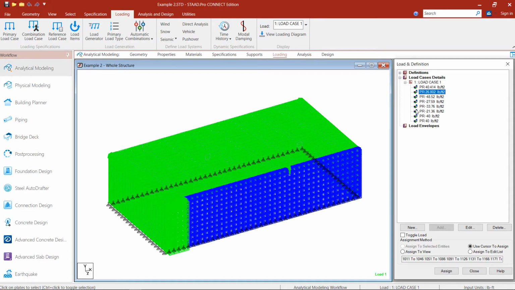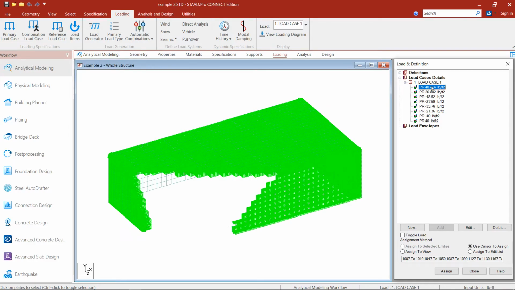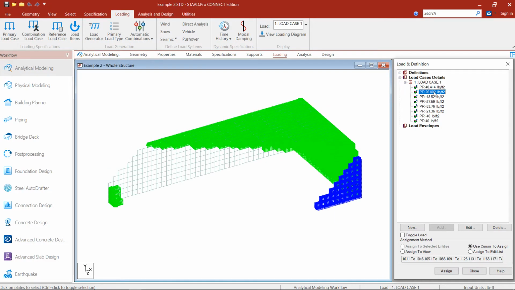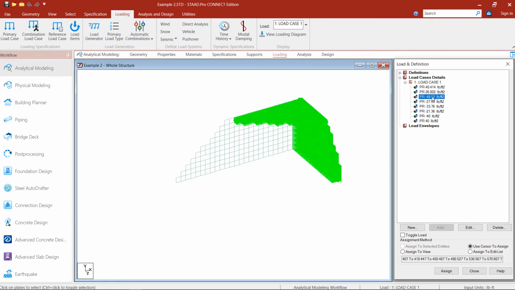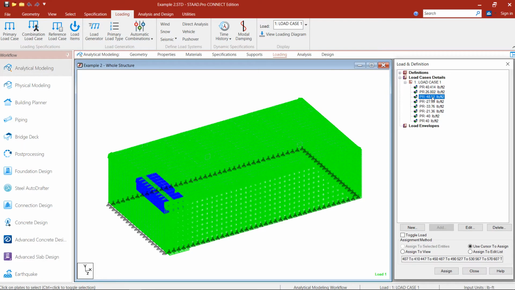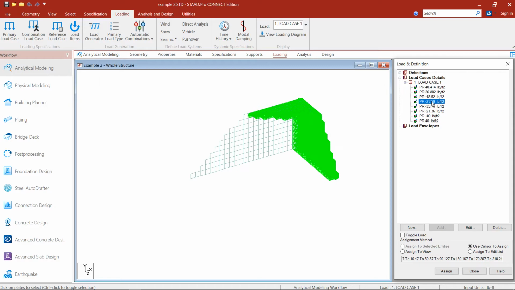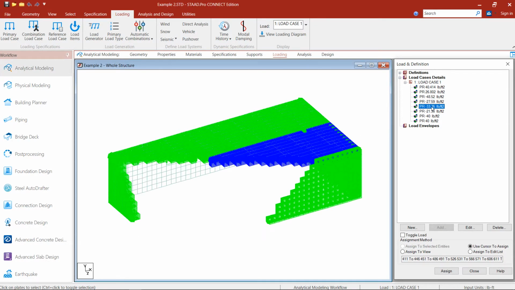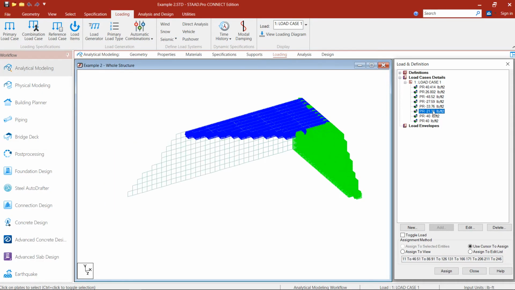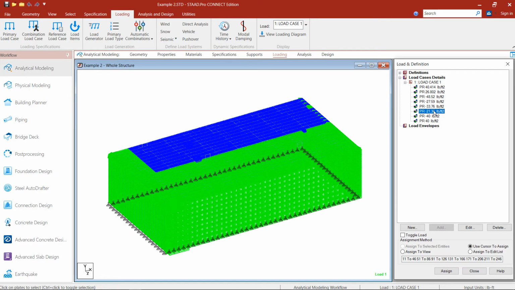On the leeward side nothing, you can see no force is applied on the leeward side, right? And for the roof, this is E, F, G and H. So all these loads which were calculated before I applied on this model.